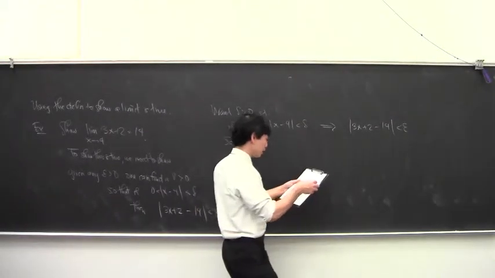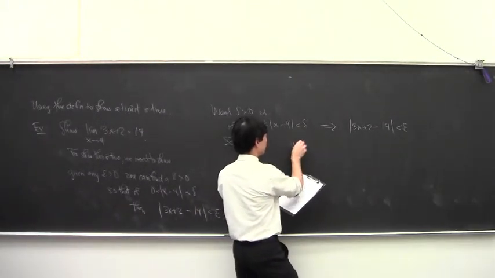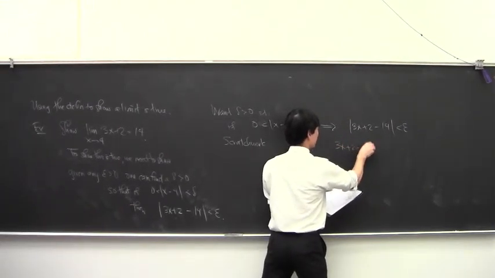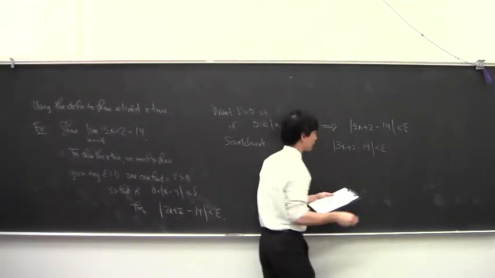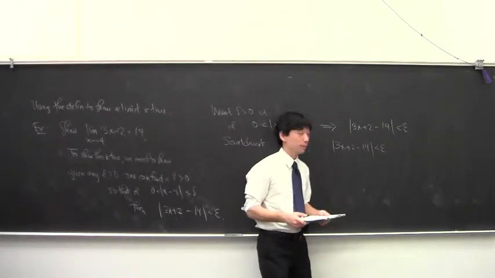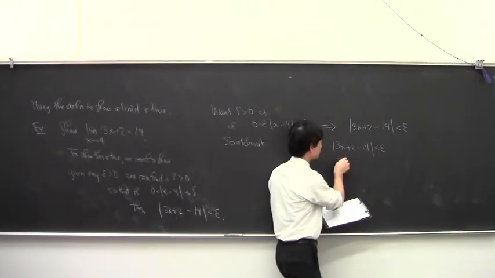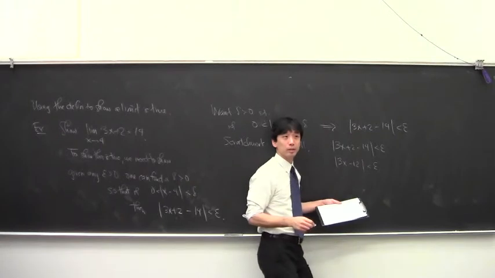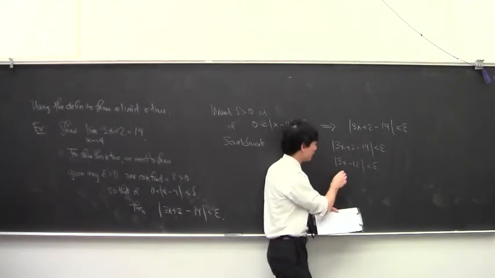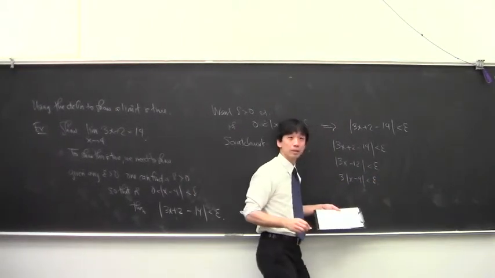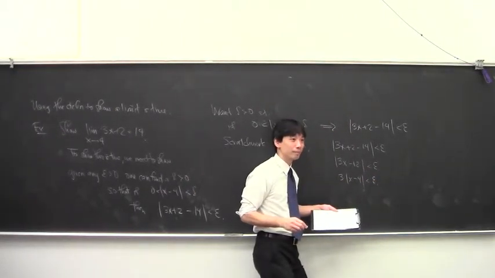You'd say, well, look, let's look at this thing: the absolute value of 3x plus 2 minus 14 is less than epsilon. I'm just going to play around with that a little bit. That's 3x minus 12 is less than epsilon. That's the same thing as 3 times x minus 4 is less than epsilon. You take the 3 out of the absolute value.